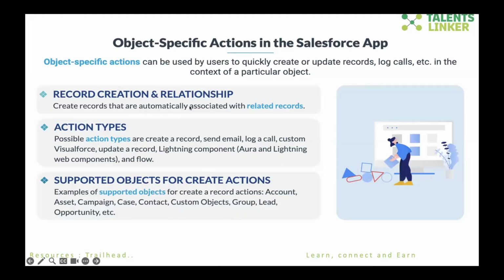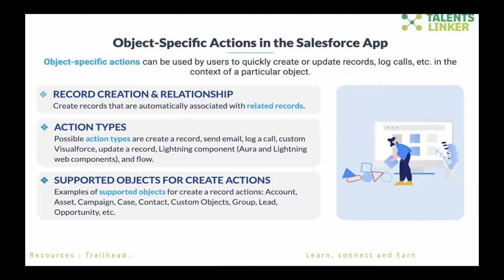Record creation or relations: create records that are automatically associated with the related record. Any record you use an object specific action to create is associated with the related record immediately. Let's say our project has a master detail relationship with account and also a lookup relationship with contact.